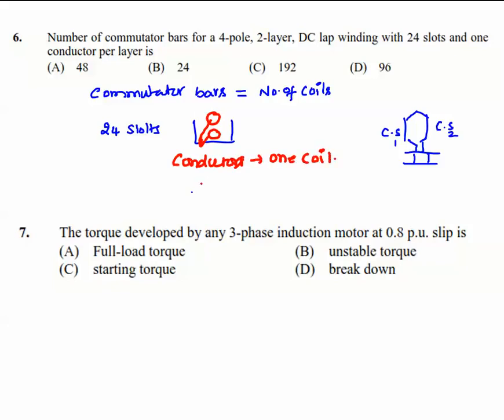That means 24 slots will make 24 coils. That's nothing but 24 commutator bars or segments, and the solution for this problem is B.